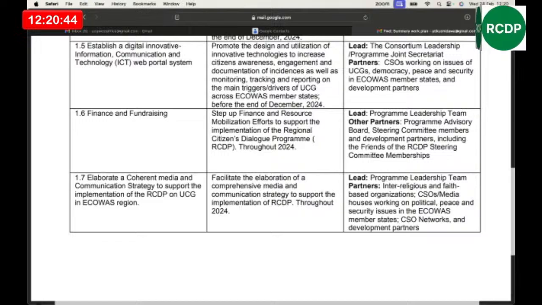I started talking earlier about the need for a very aggressive resource mobilization strategy, and throughout the year of 2024 the program will be engaged in mobilizing resources.